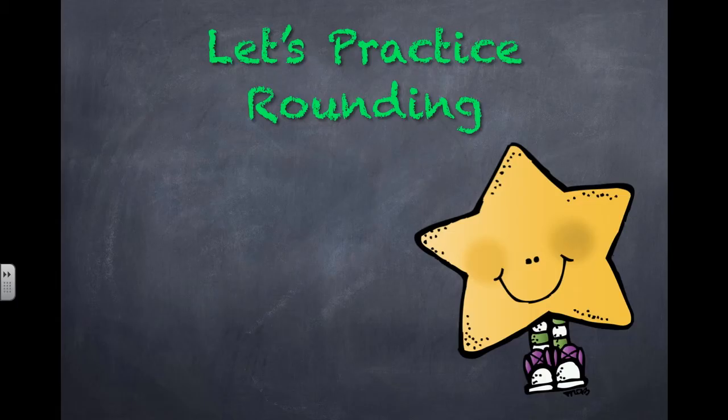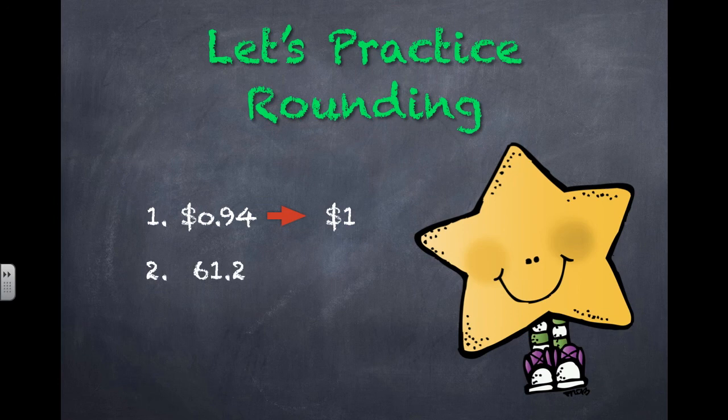So let's practice rounding first. Here are some examples. We have 94 cents. If we round 94 cents, it's going to round to $1. Second example, 61 and 2/10. If we round that to the nearest whole number, we get 61.